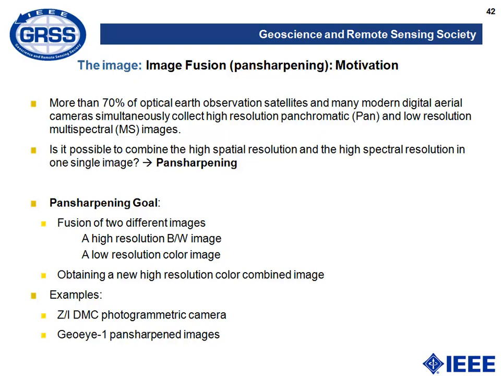Pansharpening is a method that combines high spatial resolution with high spectral resolution. This is because the majority of Earth observation satellite sensors capture images in panchromatic resolution and multispectral resolution, so in very high or high resolution and high or medium spatial resolution.